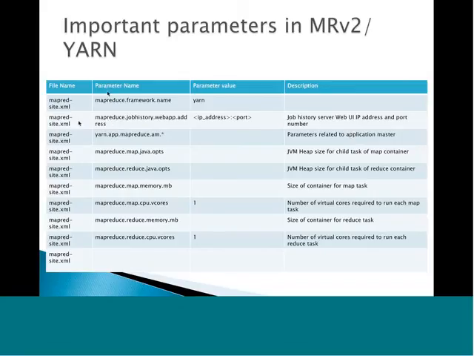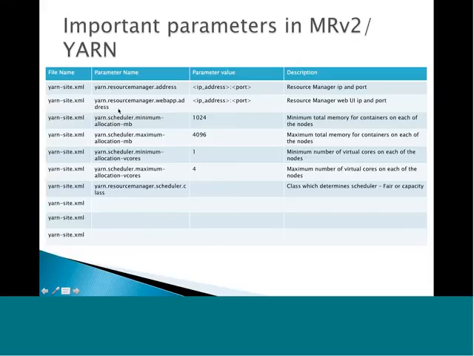So most of the parameters related to map tasks and reduce tasks will be in mapred-site.xml, and at the server level or cluster level, all the parameters will be defined in the yarn-site.xml file.